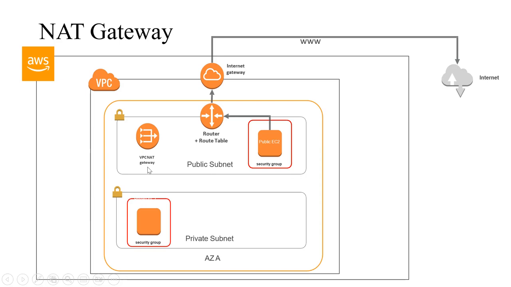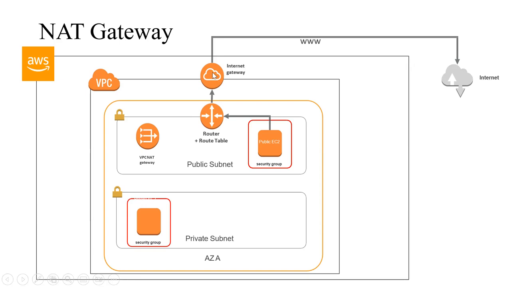That is very, very important. We are not going to create the NAT gateway directly in the private subnets. You need to create the NAT gateway in the public subnet. Why do we need it in the public subnet? The public subnet already has the internet gateway, right? Through the routing table, we route the public subnet through the internet gateway.